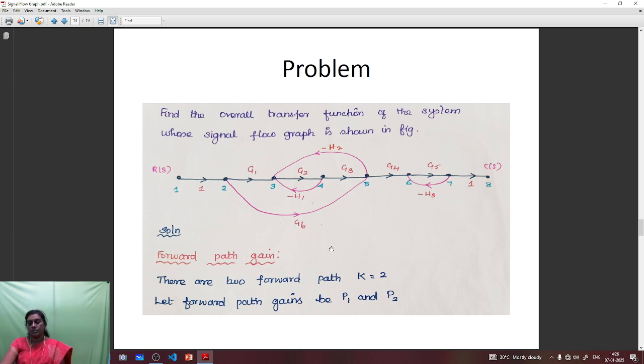First we have to find how many forward paths there are. Here, if you see, there are 2 forward paths. The black line represents one forward path, and the second forward path can be represented like this.